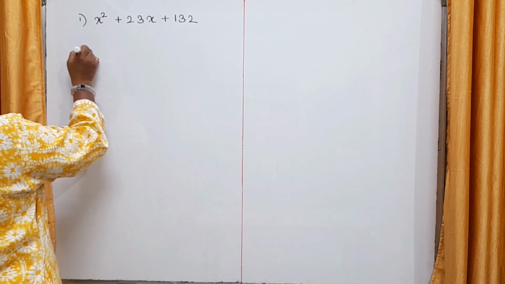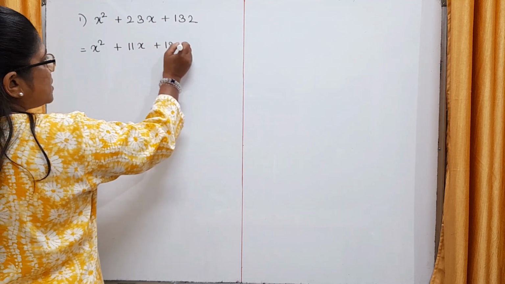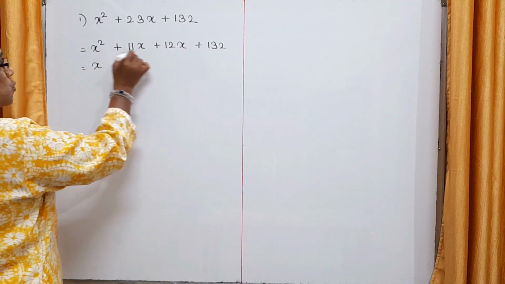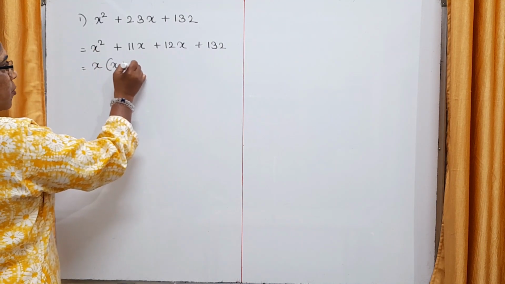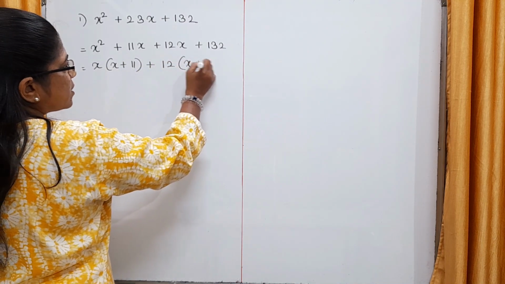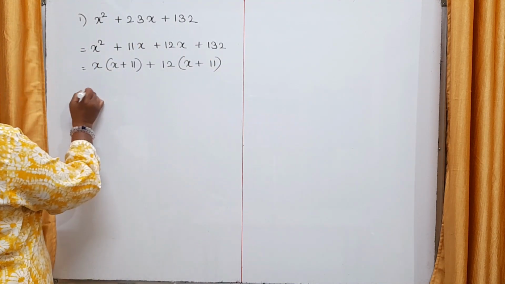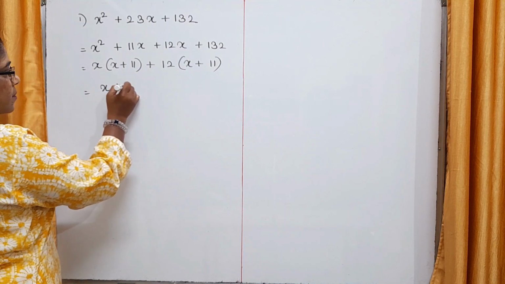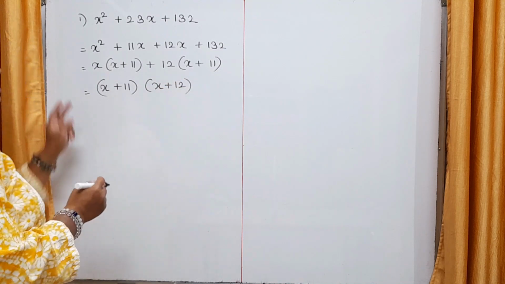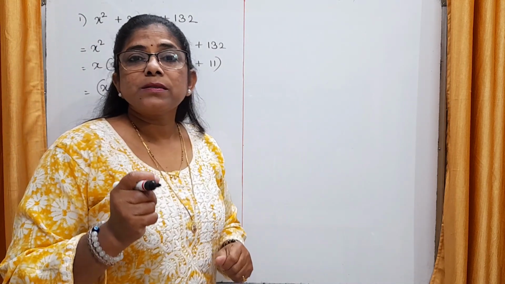So now our next step is x square plus 11x plus 12x plus 132. Now from these first two terms, x is common, bracket is x plus 11, plus 12, again this bracket is x plus 11 because 12 into 11 is 132. Now here the common bracket is x plus 11 and the second bracket is x plus 12. This is how we have to factorize. So this was one simple example.